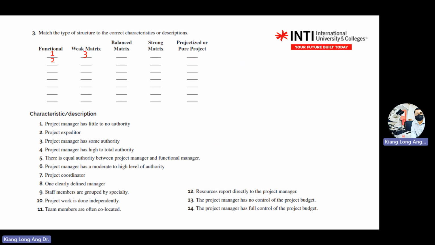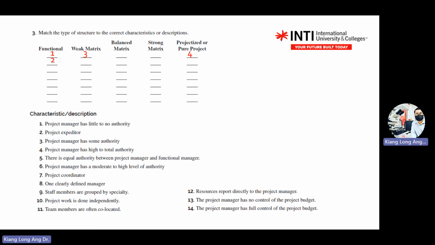Can you see the scale here? The more you move to the left, the more the functional manager has authority. The more you move to the right, the more the project manager has authority. Here, it's mixed, shared. If your company is somewhere in between, then the project manager needs to be very good in politics, very good in diplomatic skills. They need to have a very, very good relationship. Okay, number 4 is pure projects.